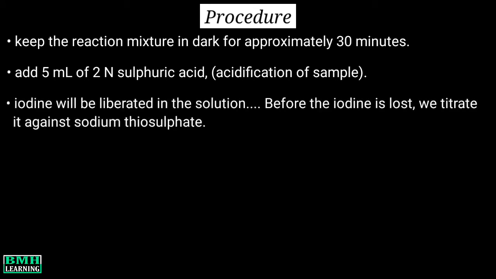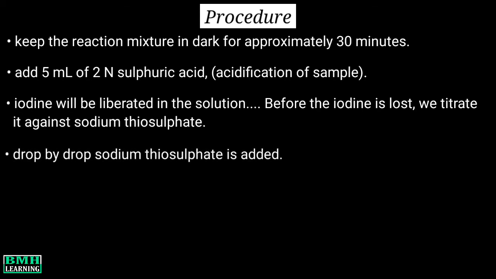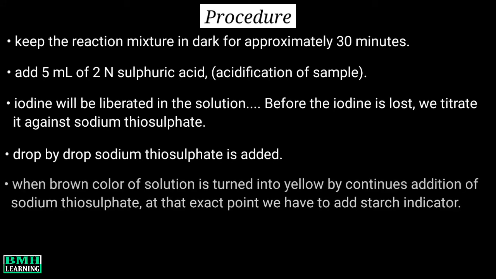Now, the iodine will be liberated in the solution. Before the iodine is lost, we titrate it against sodium thiosulfate. So drop by drop, sodium thiosulfate is added. Now, when the brown color of the solution is turned into yellow by the continuous addition of sodium thiosulfate, at that exact point, we have to add the starch indicator.